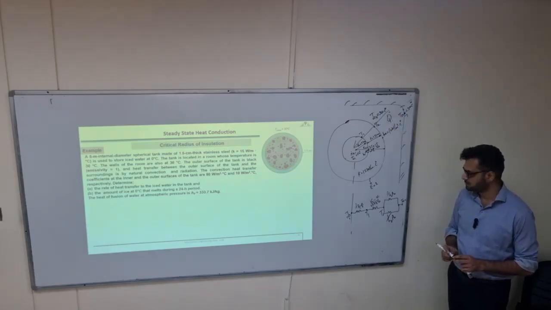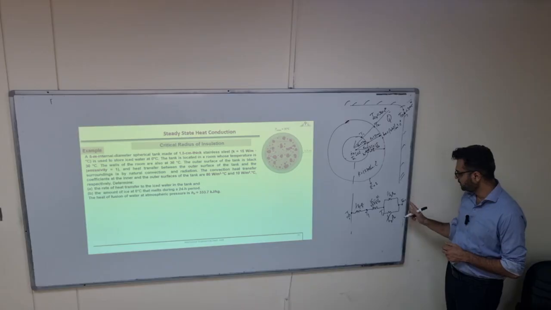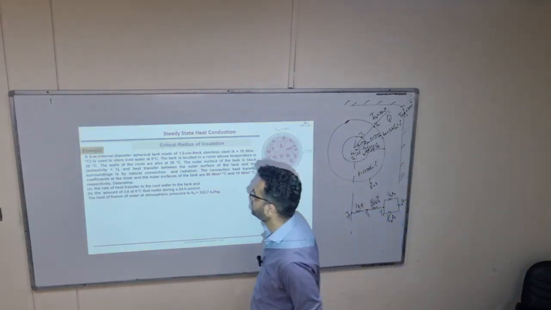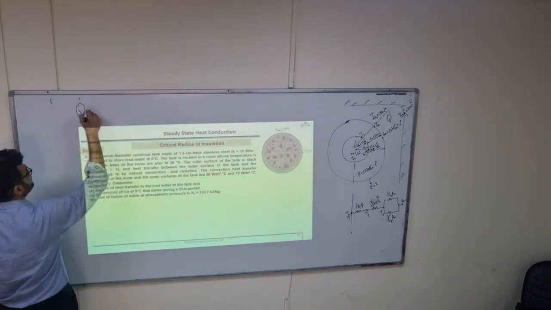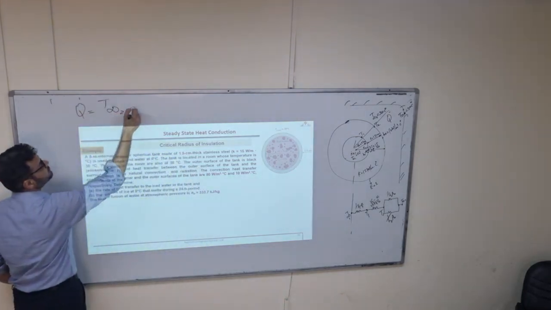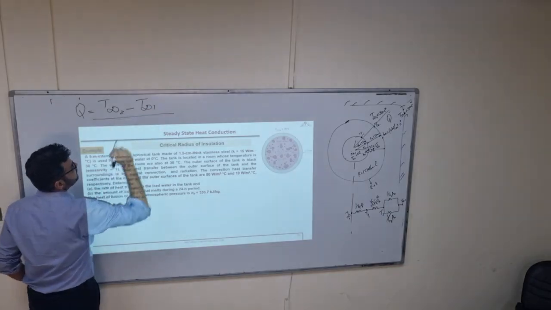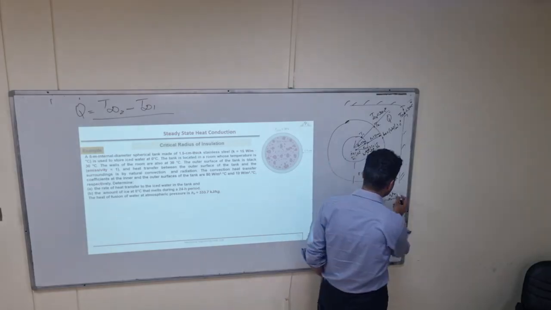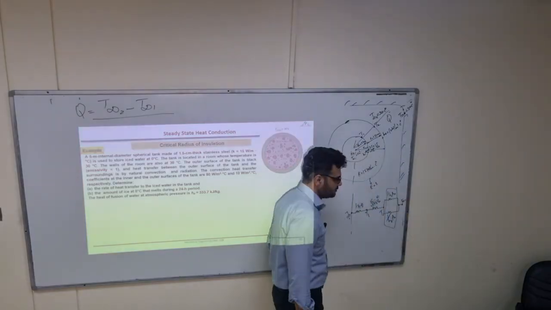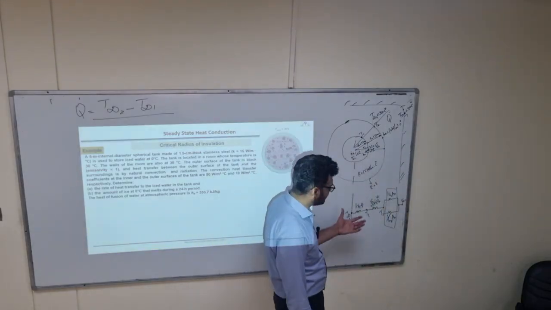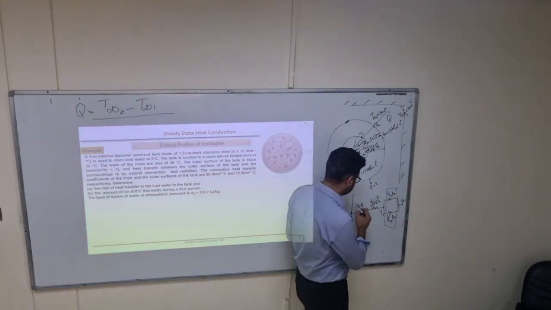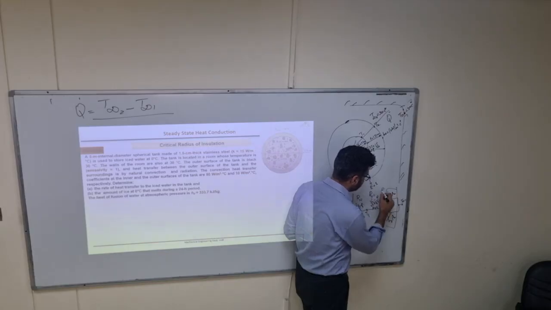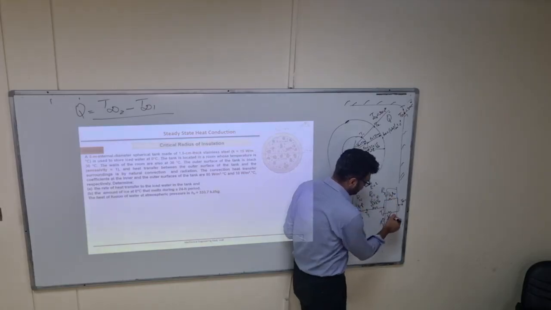How much heat is flowing from T infinity 2 to T infinity 1. So the equation will be Q dot is equal to T infinity 2 minus T infinity 1 divided by, yeah, so here you have resistances, so let's name them R1, R2, R3, R4. That will be easier.